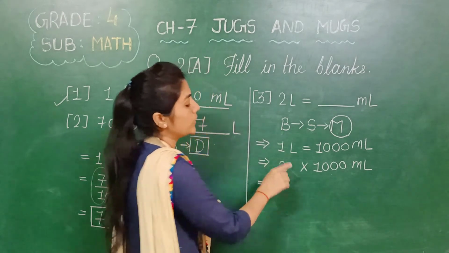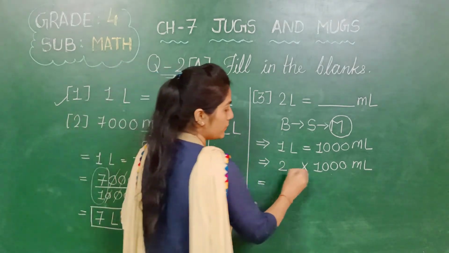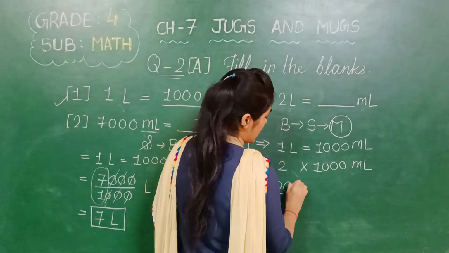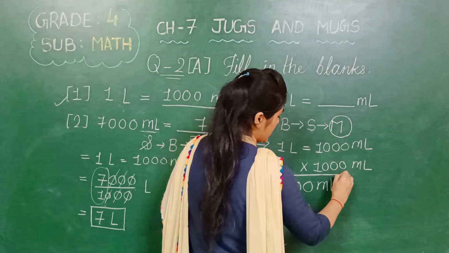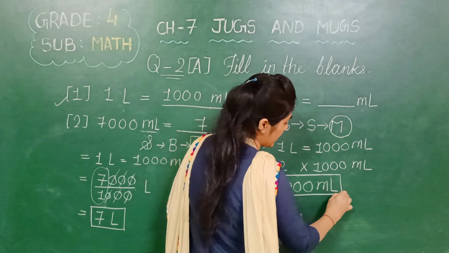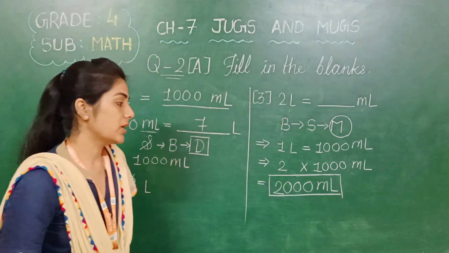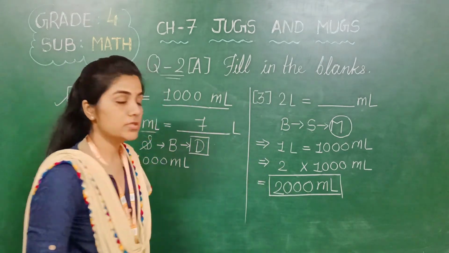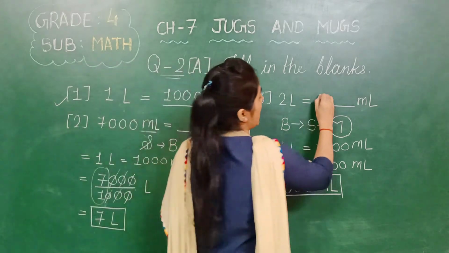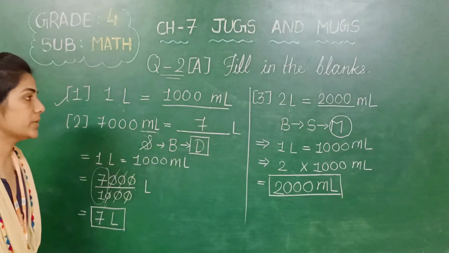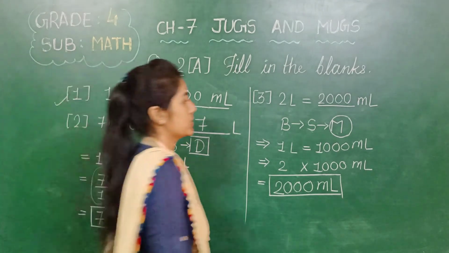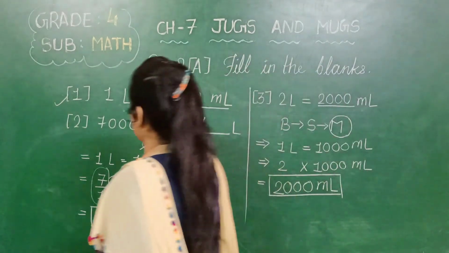So 2 multiply 1000, your answer is 2000 milliliter. You can also write the answer directly, but in the sum form you have to do the method within these 3 steps. So 2000 milliliter is your answer. Likewise you have to solve all the questions. Now number 4 is given.